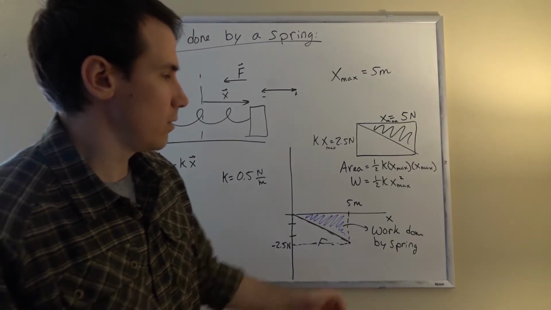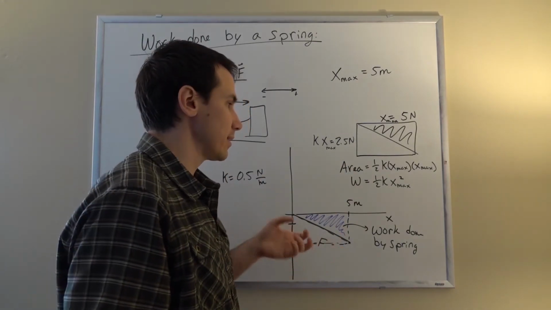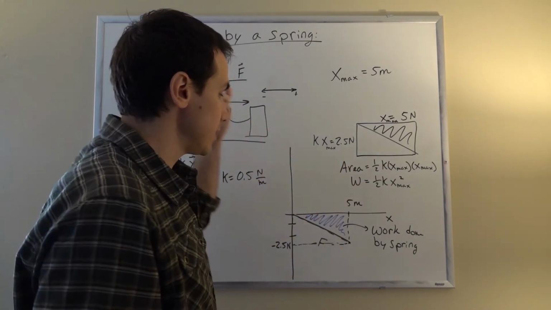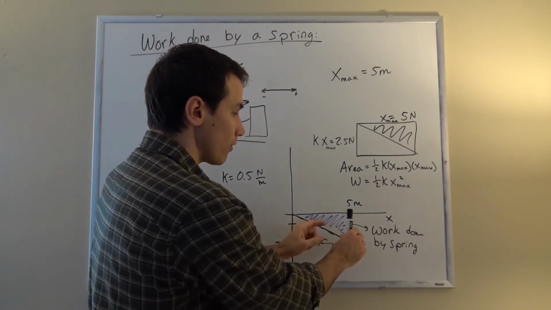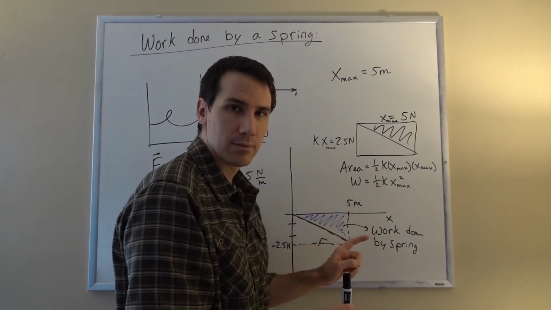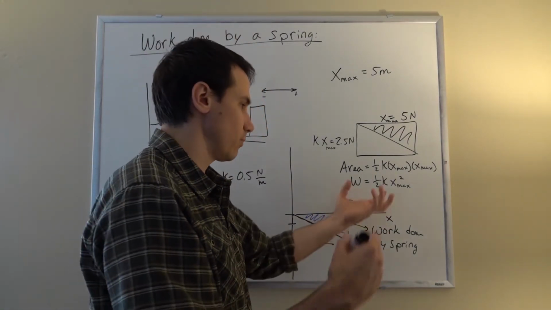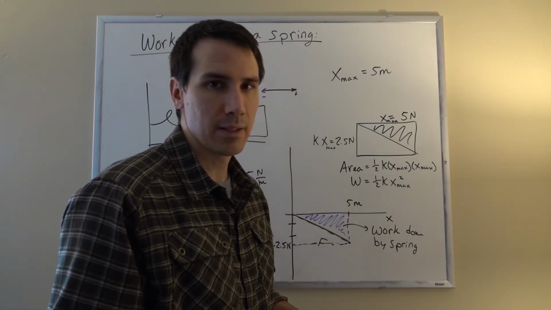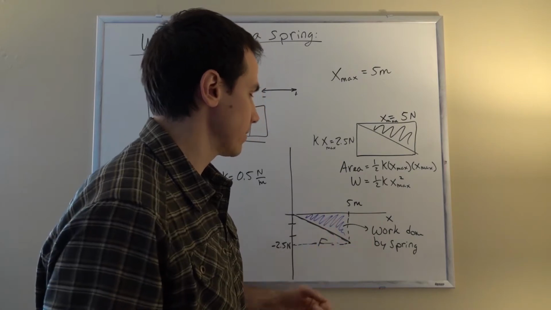And normally we drop this max subscript and just realize that the x is the position of the object at any moment, right? So I could stretch the spring an extra meter, and then I would have a different x max, and instead of writing it as x max, we write it as the position of the spring, which is just x.